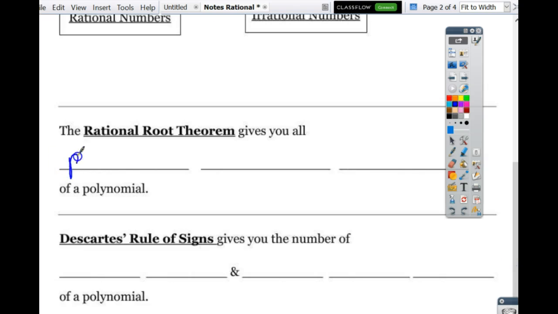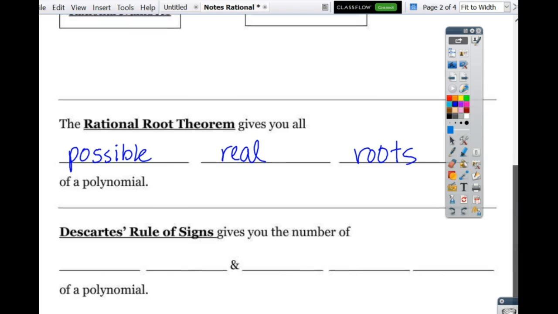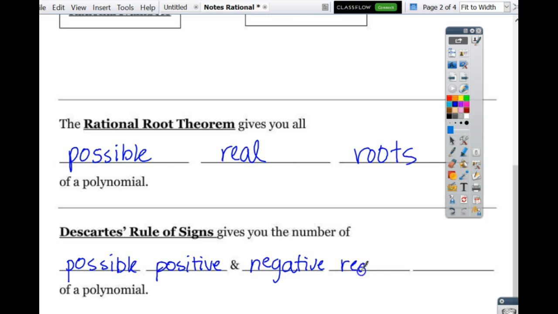So the rational root theorem is going to give you all possible real roots of a polynomial. Descartes' rule of signs is going to give you the number of possible positive and negative real roots.